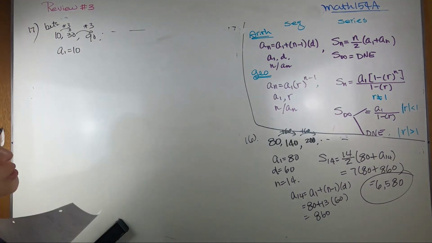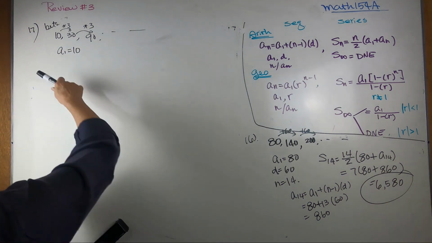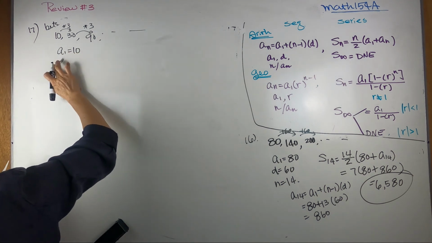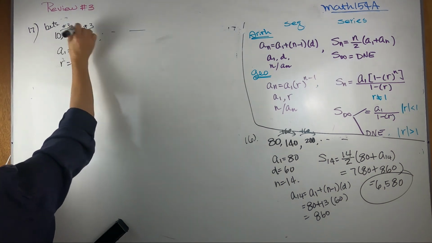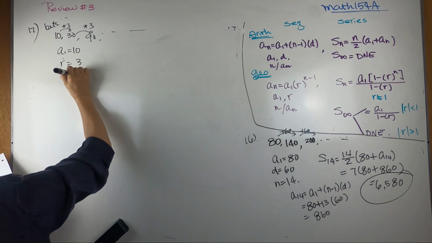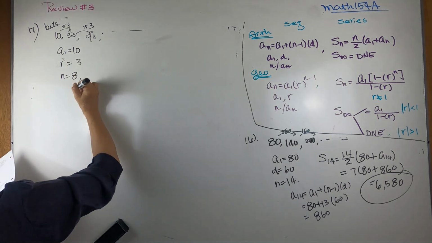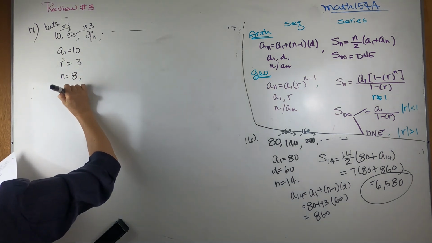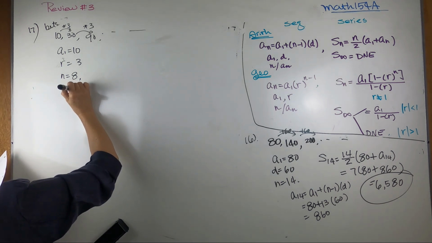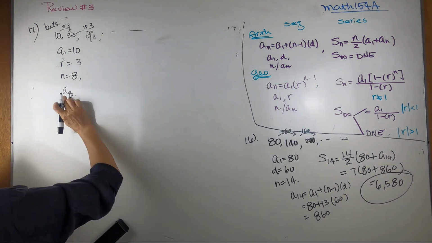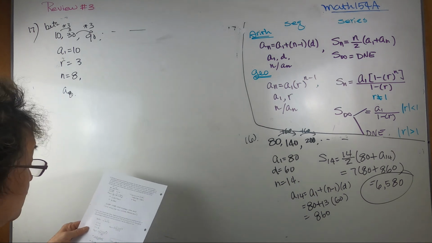Should we have R or should we have D? Triple, right? So we should have R is 3. N is what? 8, right? We don't know AN, but we are going to find what?